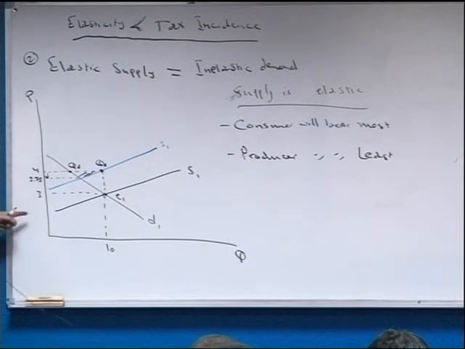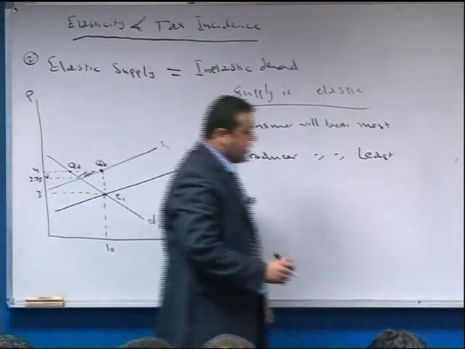Right? So in this case, the producer succeeded in making the consumer bear the most of the tax burden, by 0.75 or 75% of the tax burden.